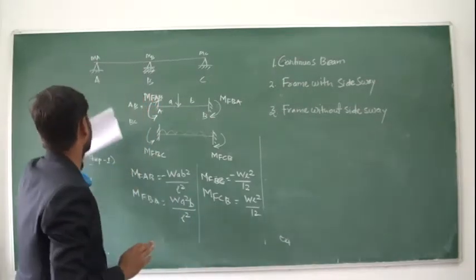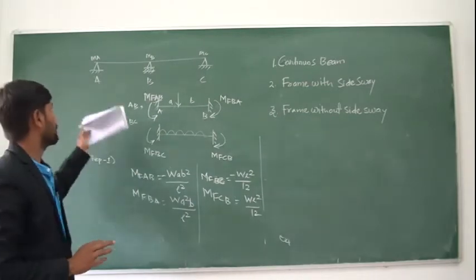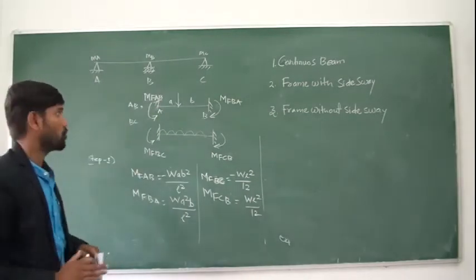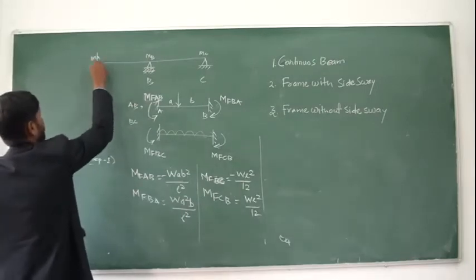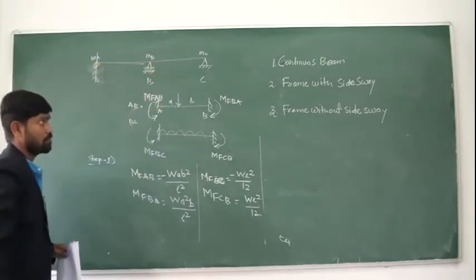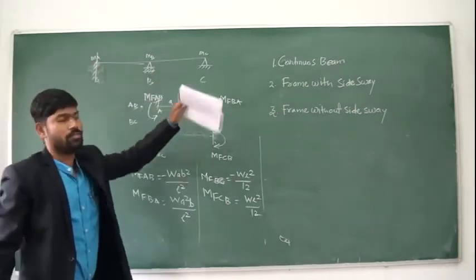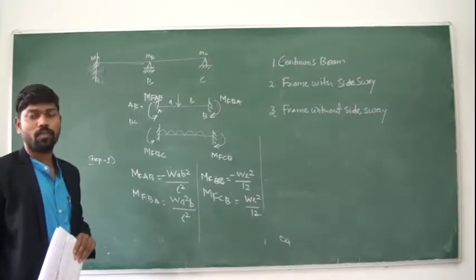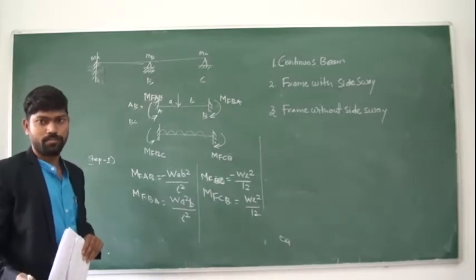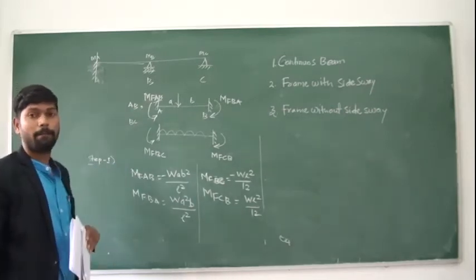Okay. Now, as this A is hinged, so definitely this will become 0 and C will also become 0. But suppose this A is fixed. This is hinged and this is roller and this is hinged. So now this MA will not be 0. Okay. So in that case, you have to calculate that MA.